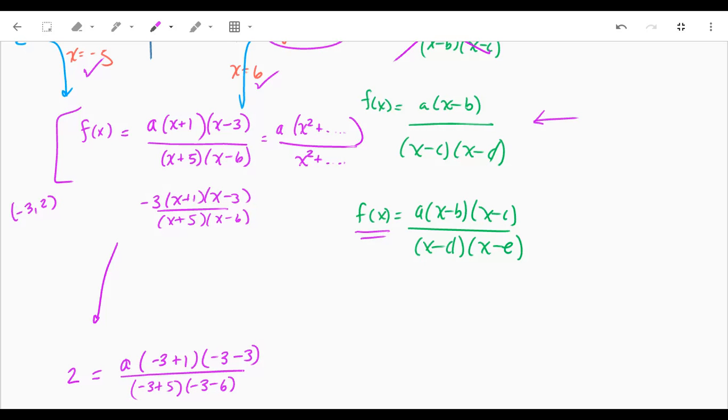So 2 would equal a times -2 times -6 over -2 times -9. Did I just do that right?